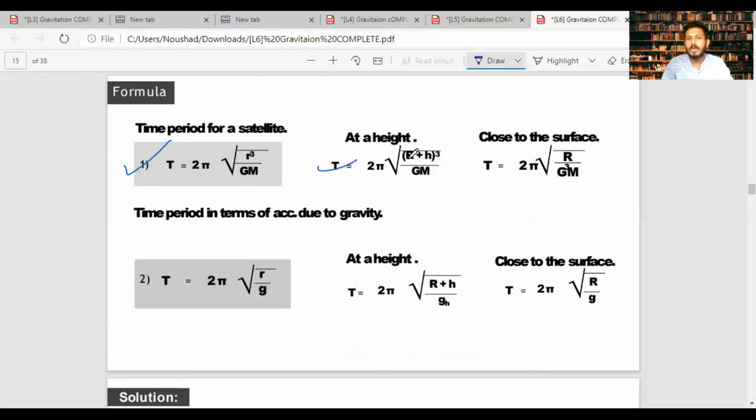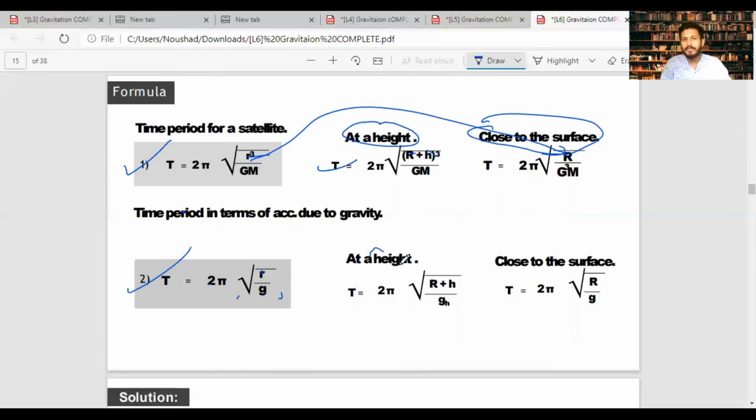T equal to 2 pi root of (r plus h) whole cube by GM. At a height h, r becomes r plus h. Close to the surface, r remains r. The time period in terms of acceleration due to gravity is 2 pi root r by g, because GM by r is g. Just notice this equation.